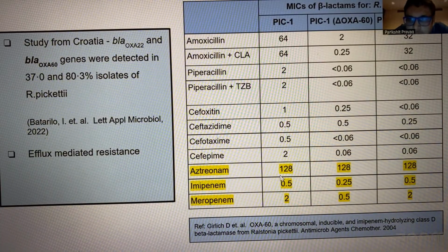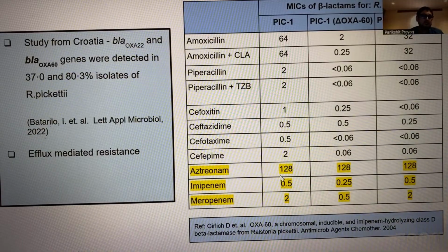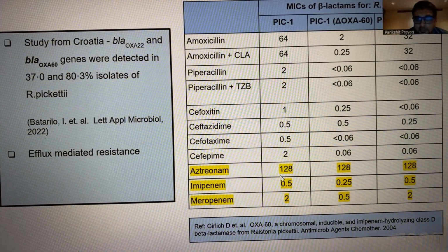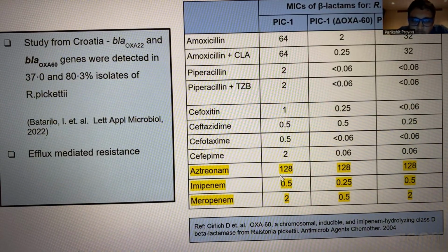So if you look at this Ralstonia, there are again 2 important enzymes which are class D enzymes, OXA-60 and OXA-22, and you will see that they are quite potent, especially OXA-60. So these are experiments in which they deleted that particular enzyme and then looked at the efficacy. When they deleted OXA-60, the MICs came down quite convincingly. So OXA-60 is a very important imipenem-hydrolyzing class D beta-lactamase.